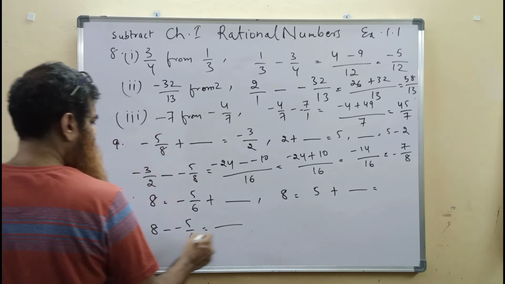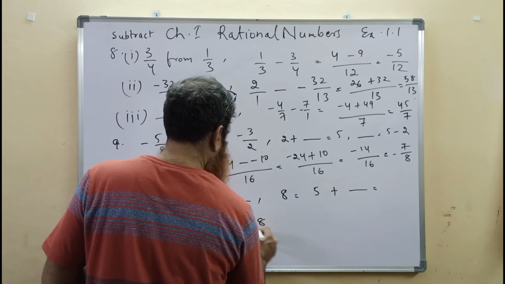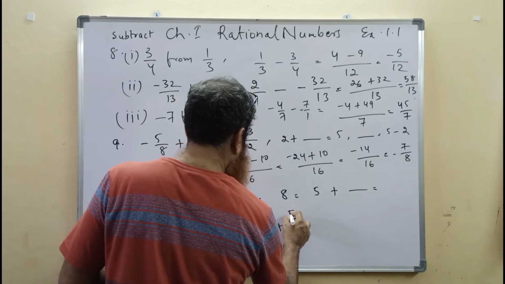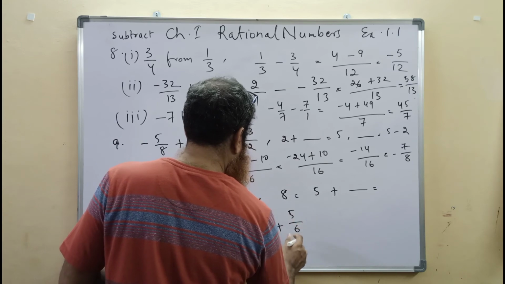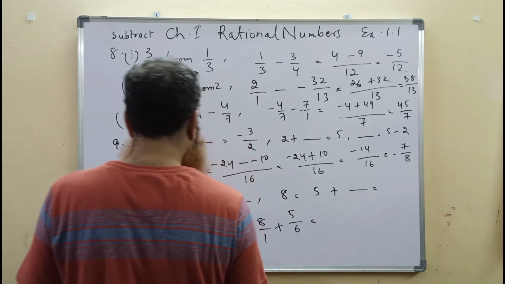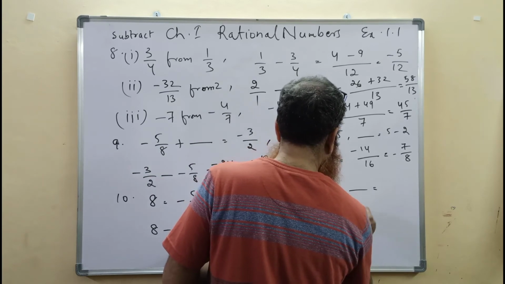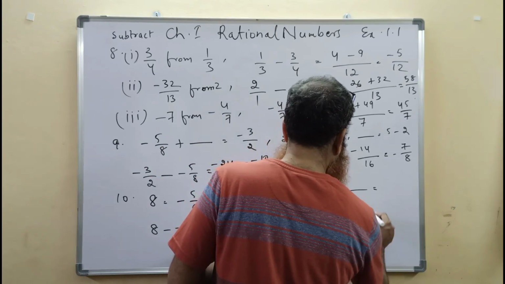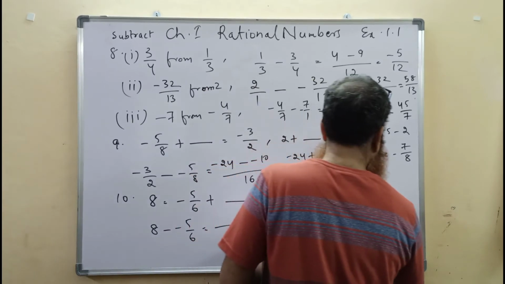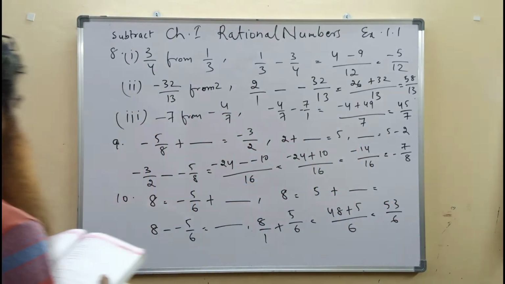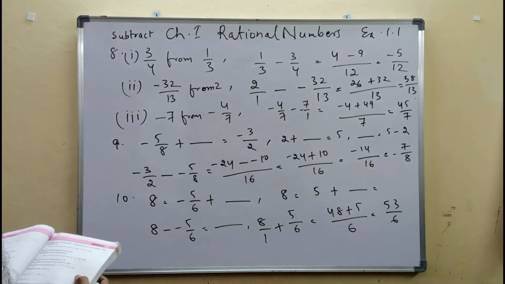Minus of minus is plus. 8 by 1 plus 5 by 6 is equal to dash, or 6 8s are 48 plus 5 by 6, that is 53 by 6. So this is the 10th question solution.